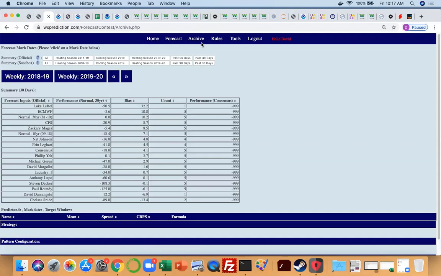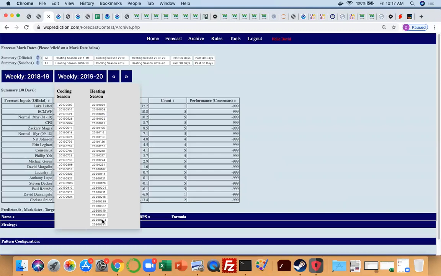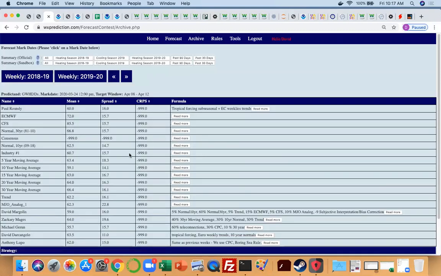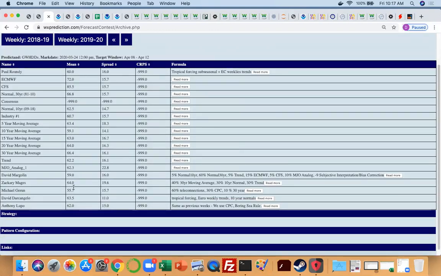So I felt like we're still in the heating season. We are technically in the heating season, although we are coming out of it. So I felt pretty comfortable applying a bias correction to my values. And that's effectively how I came out with that 59.